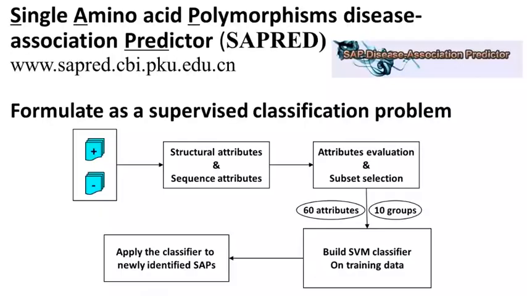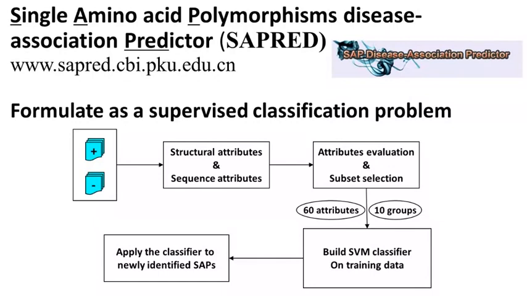SAPRED stands for Single Amino Acid Polymorphisms Disease Association Predictor. It formulates the question as a supervised classification problem. We first collected variations that are known to cause diseases and those not, as the positive and negative training data sets.